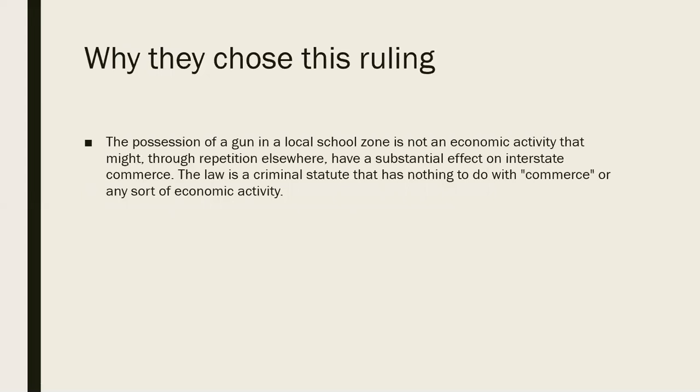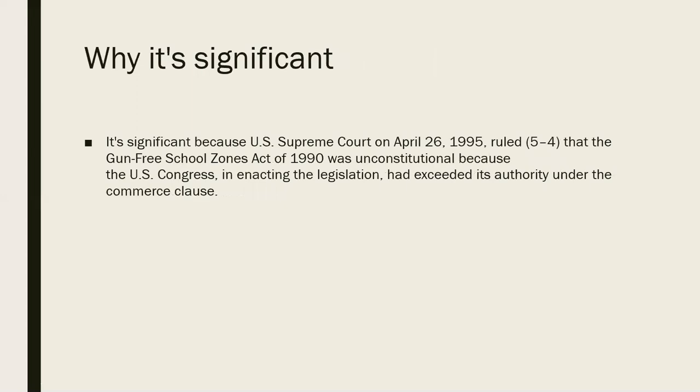But this one was an overstepping of the boundaries of the necessary and proper clause, and it was not going to be allowed. And so this one is significant because it's one of the very first times that Congress actually gets ruled against. If you think about the previous cases we've talked about, consistently the Supreme Court says the necessary and proper clause is okay. The amendments and the Constitution are extremely flexible.